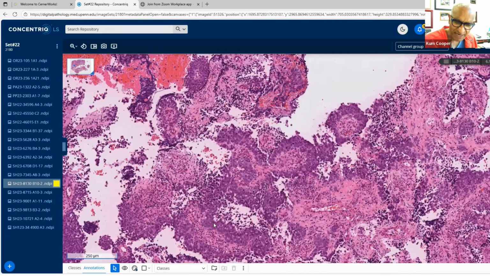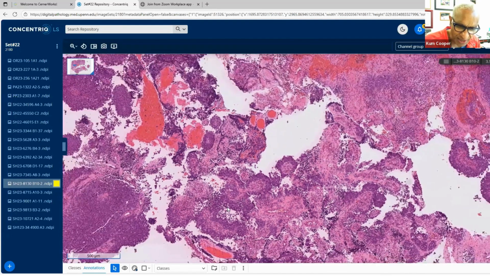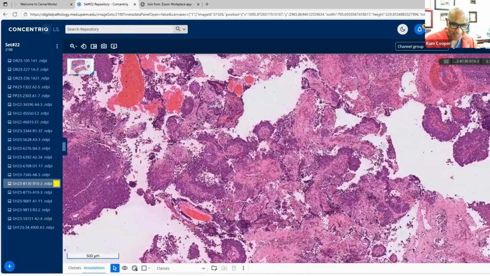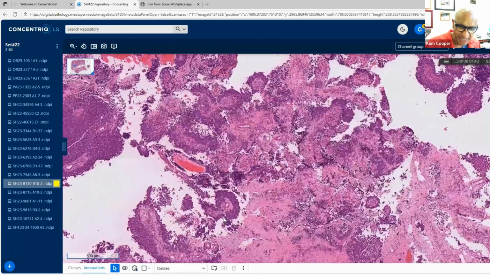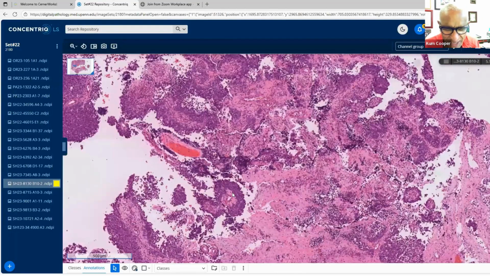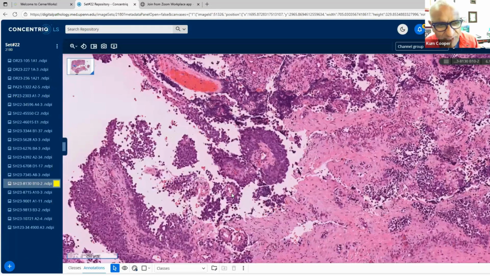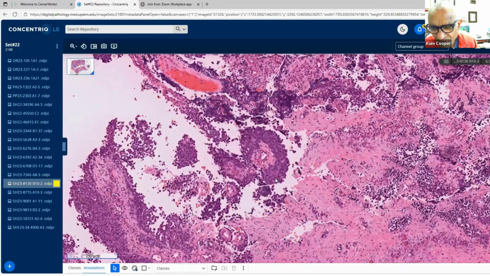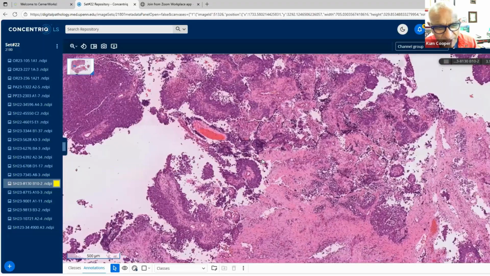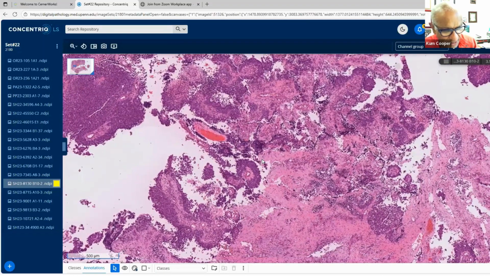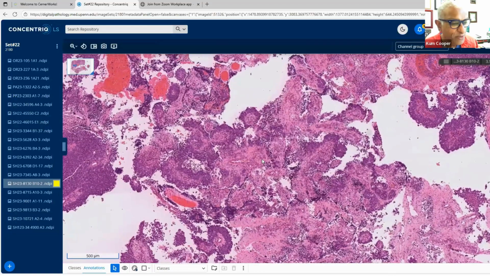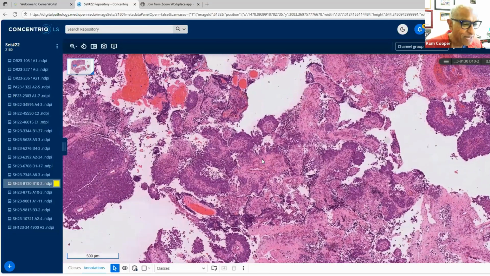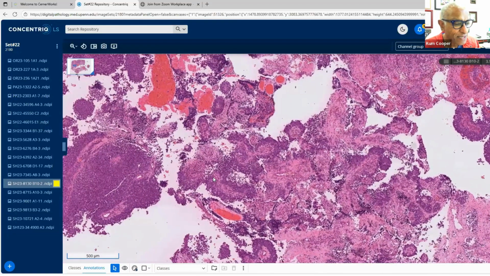My neighbor next door is Dr. David Elder, the editor of the WHO Skin Pathology. He once said to me that melanomas can give you all sorts of morphologies and architectures. So this is a nice example of a papillary or pseudopapillary morphology. Keep that in mind as well.